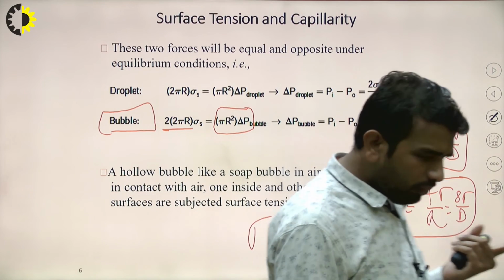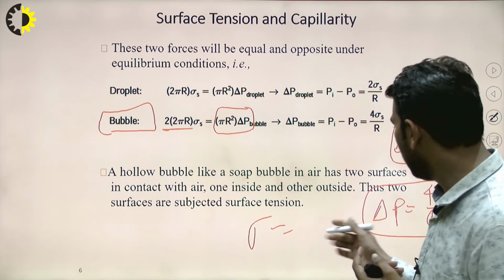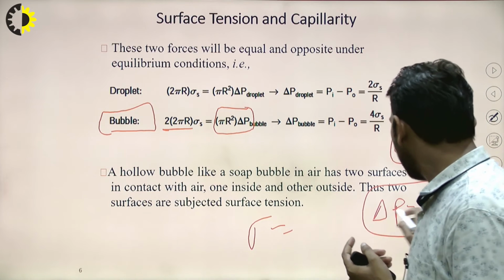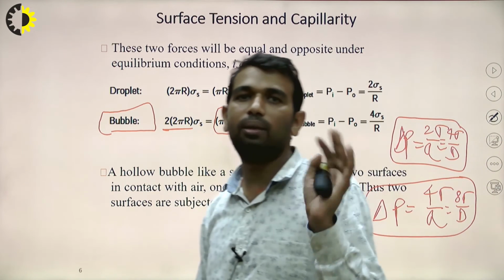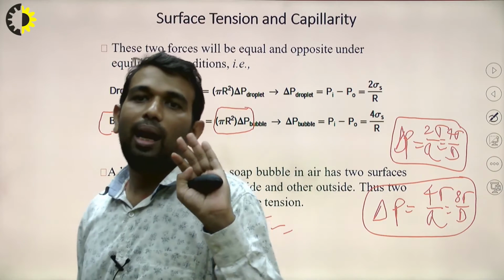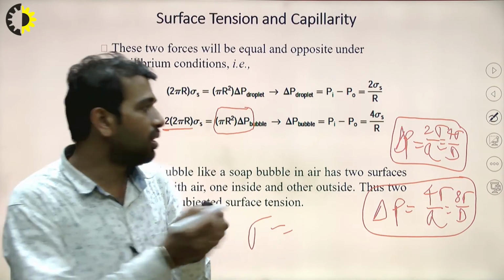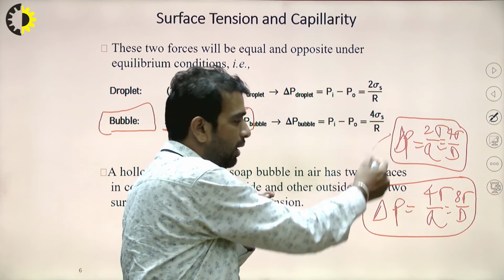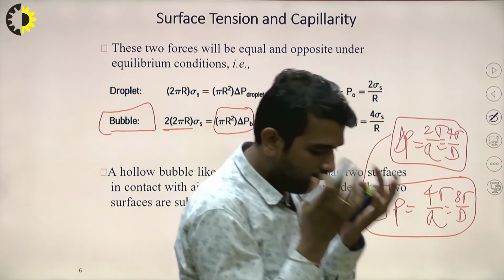So if sigma is a fixed parameter, any bubble that has to survive in the atmosphere needs a higher pressure. It is almost twice the pressure required for a droplet to survive.